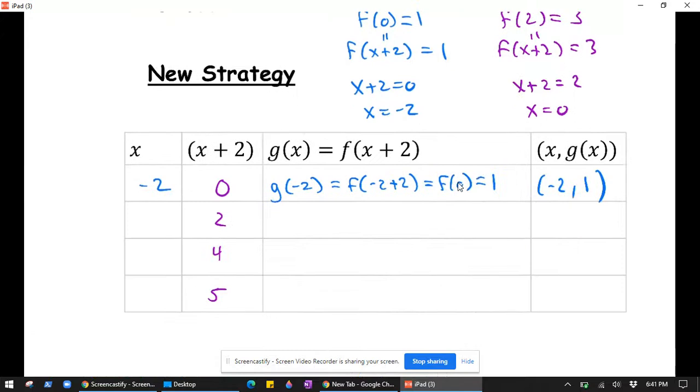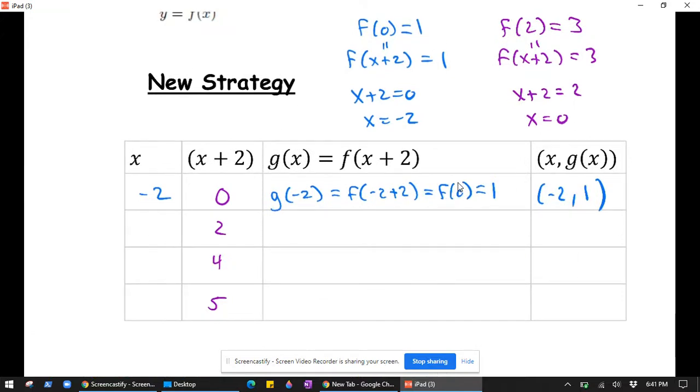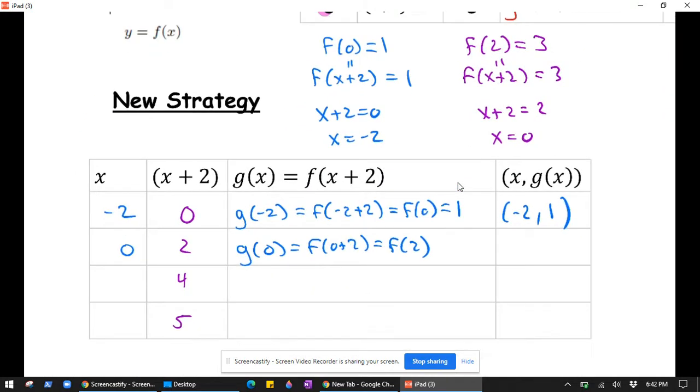So let's use a different color here. That would be a 0. And if we check that, we get g of 0 equals f of 0 plus 2, which is f of 2. But we know what f of 2 is. f of 2 is 3. So we plot the point (0, 3). In a similar fashion, I hope you can see at this point what's happening.